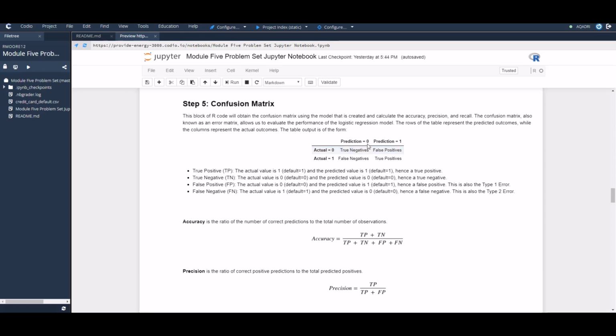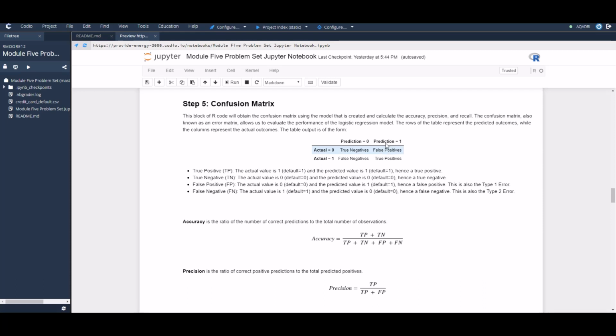The prediction is correct, and that's why we call it true, and then negative because we have a 0 here. Similarly, clearly the model is not just going to give you 100% accuracy. So you can have cases where the actual labels are 0, but the model predicts it as a 1. When that happens, we have a false positive.